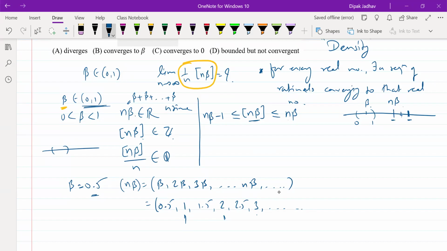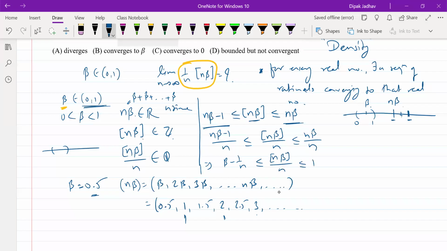And then it will lie on the lower side, you'll have n beta minus 1. So the integer part of n beta will lie between n beta minus 1 and n beta. Now you need to divide by n. So (n beta minus 1)/n is less than or equal to (integer part of n beta)/n, which is less than or equal to n beta/n. On the extreme left, you get beta minus 1/n.